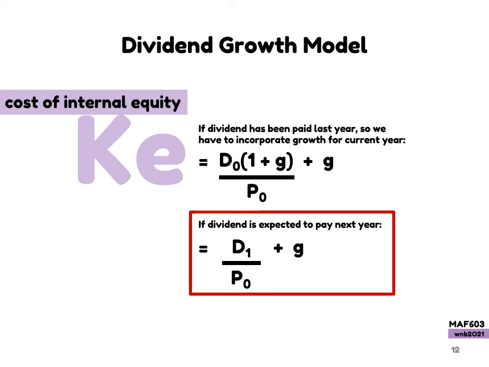So if the question specifically mentions that a dividend has been paid last year, you're going to use this formula to find the KE.